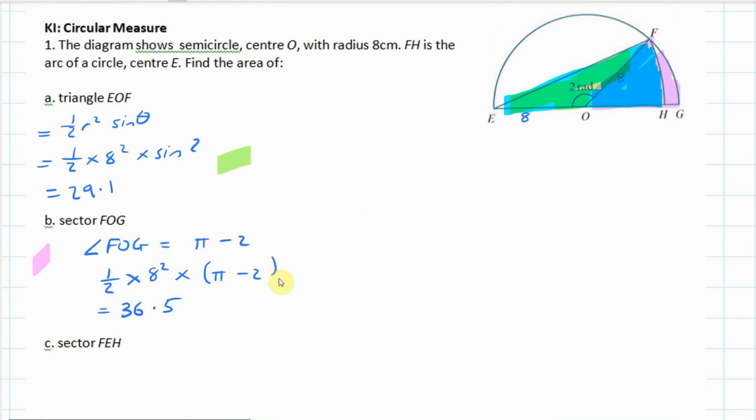So you can see if this whole thing is a sector, you can see the EF is a radius of that circle. So we need to find out what that is. So how are we going to do that? Well, we can use the triangle that we used in the first point here, where we said that we've got that isosceles triangle. So we can use the sine rule there. So let's just consider for a moment this triangle.